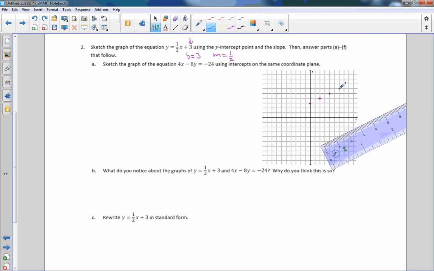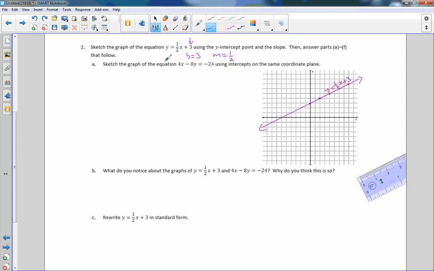And this is why you should do your homework in pencil, or your notes in pencil. Math should always be done in pencil, so you can fix corrections without starting over on a separate sheet of paper or scribbling out. So there's my equation graphed, and that is y equals 1/2 x plus 3.